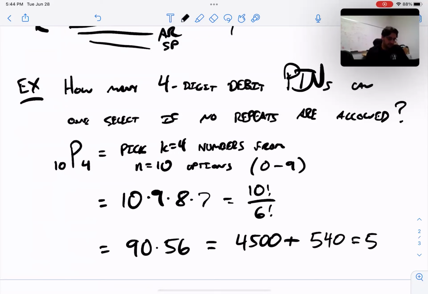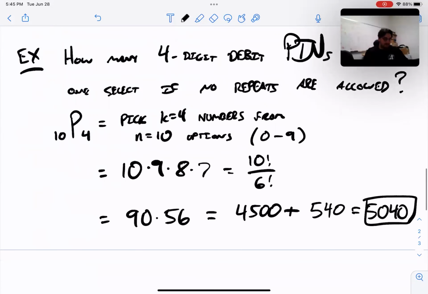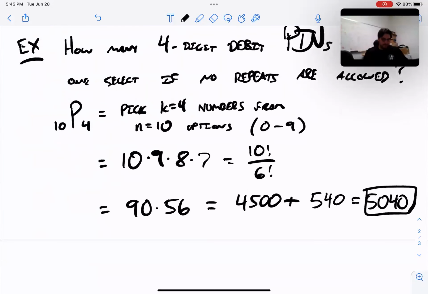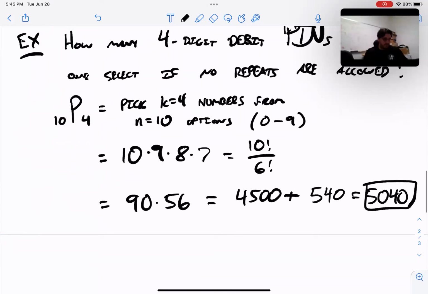So we get 5,040. There we go, 5,040. So there is our product of 10 times 9 times 8 times 7, just doing the arithmetic for 4 numbers selected from 10.